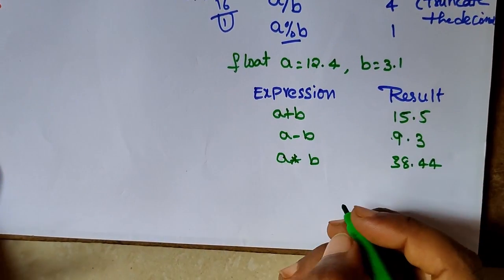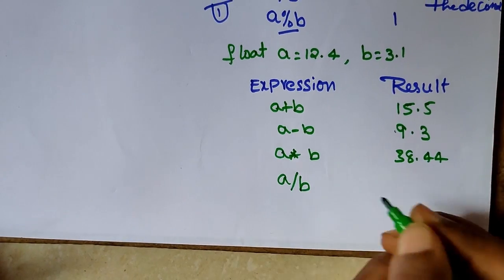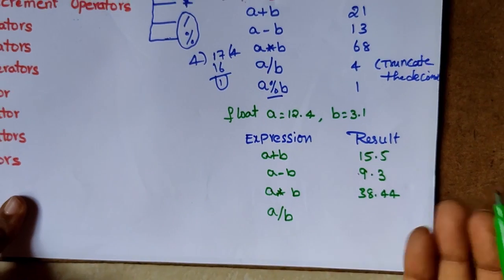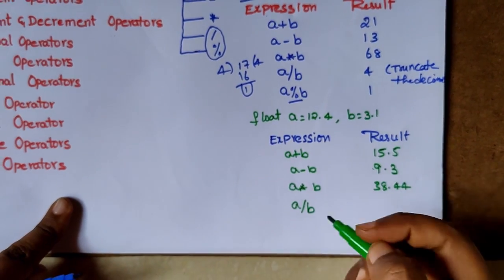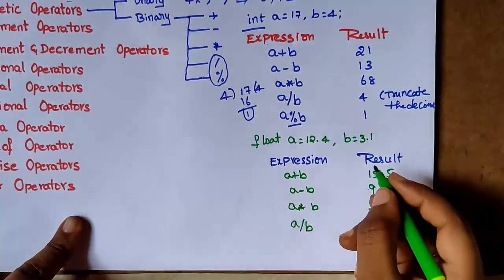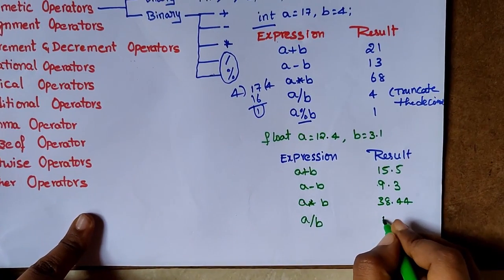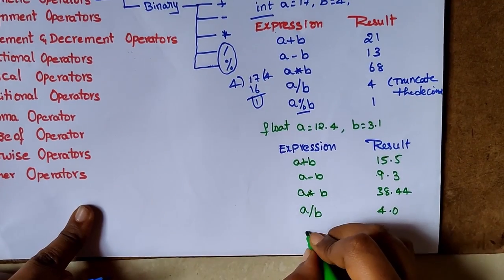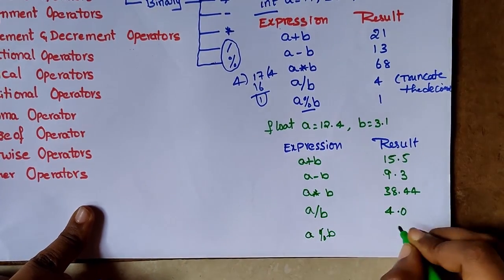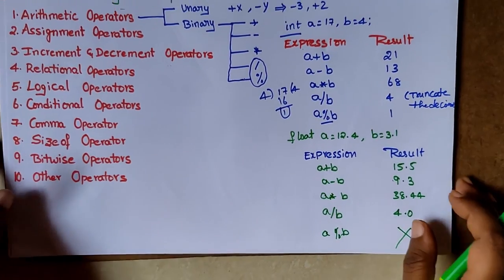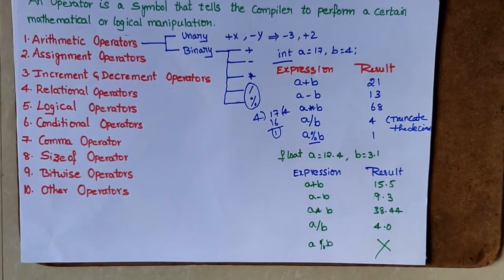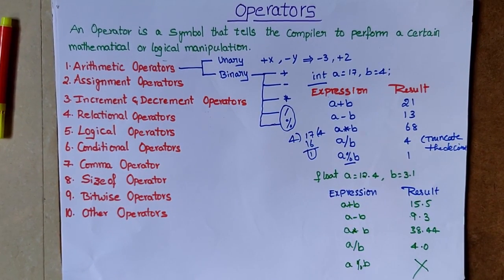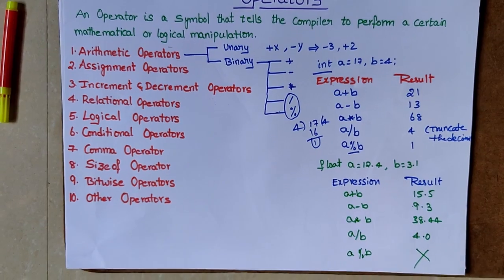And here I am going to do the division. Previously, as we discussed, in integer we can't get the decimal value, but in float we can. If you divide these two values, you get 4.0. And as discussed before, we can't use the modulus for floating point.